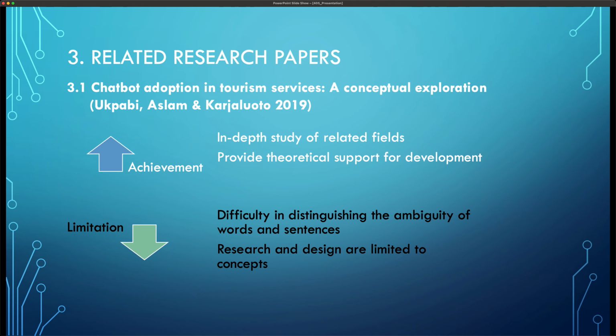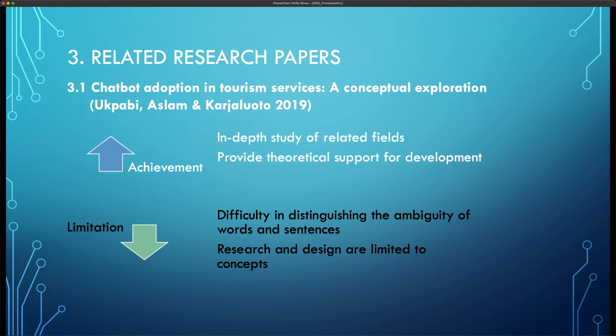The first paper studies the application of chat robots in the tourism and hotel industry, and puts forward in-depth development of the project to detect the quality of robot chat and provided theoretical support.